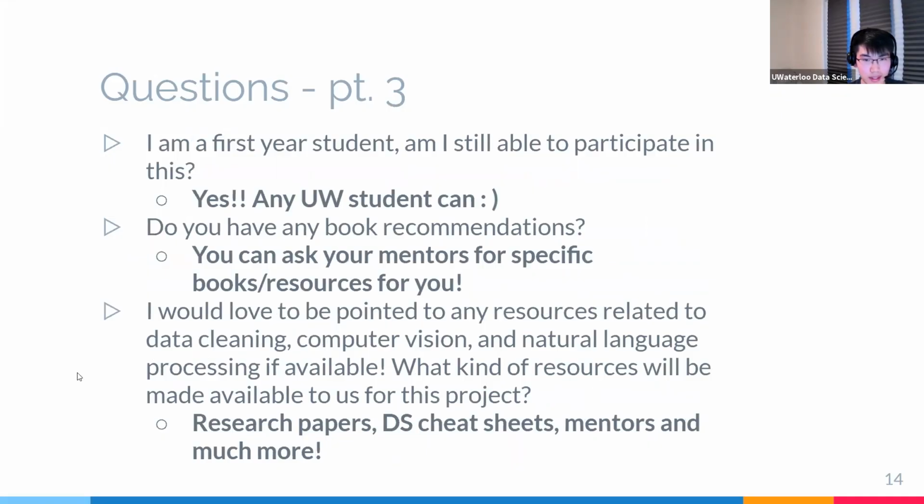In terms of year, you can be a first year or second year, it doesn't really matter. I think most people in data science are generally first years, so it's about exploring and learning.